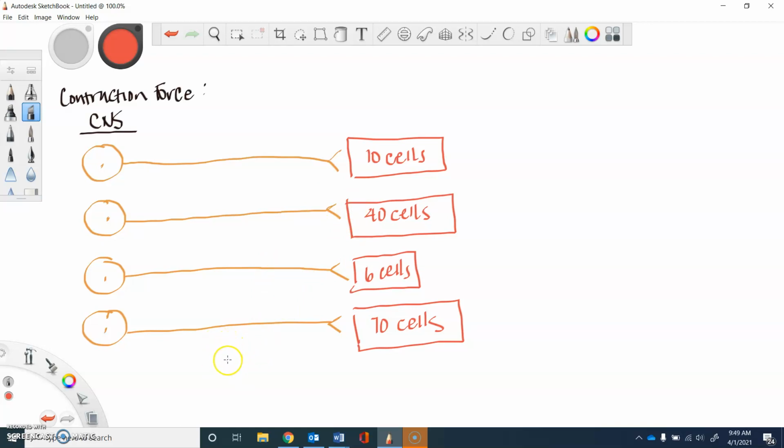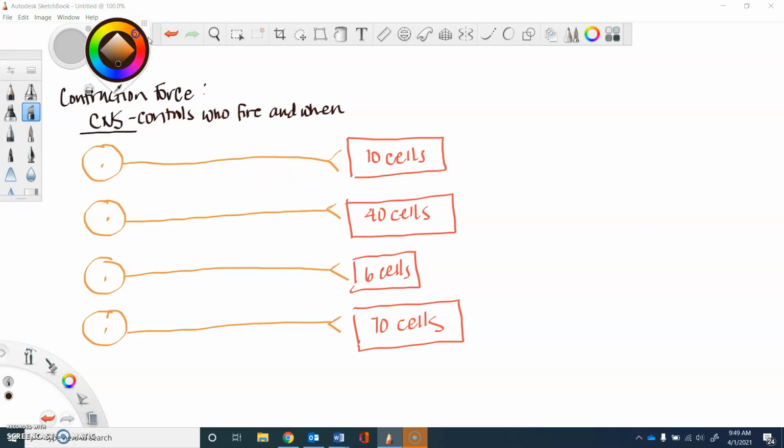The central nervous system basically controls who to fire and when. Okay, so we also know that each of these motor units can be stimulated more than once.